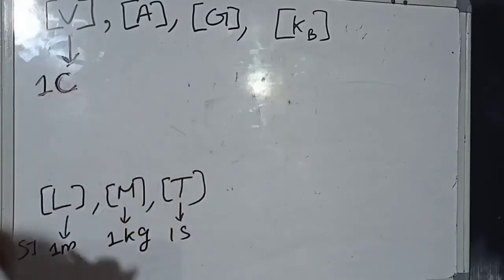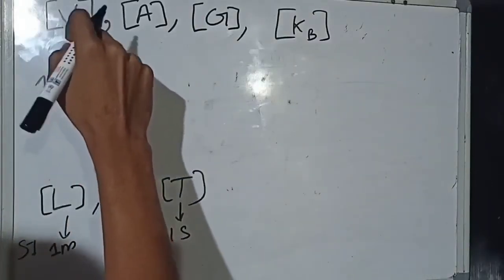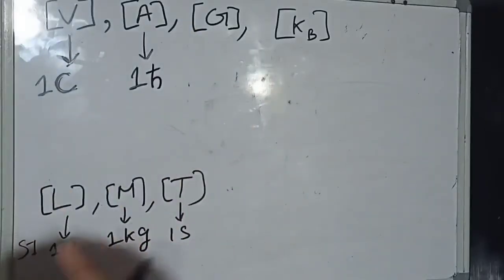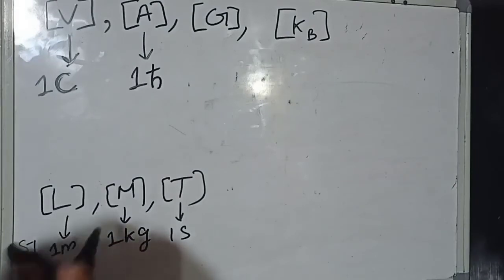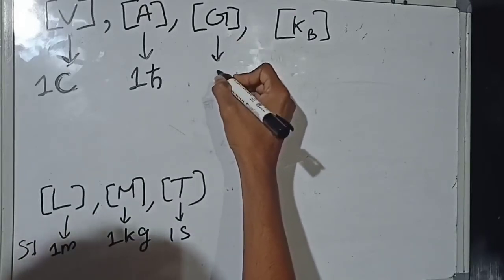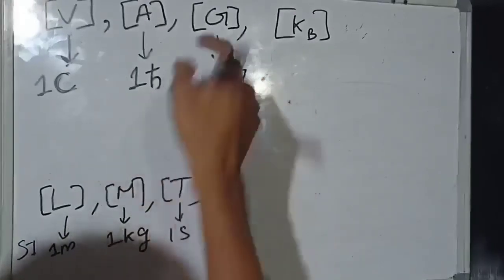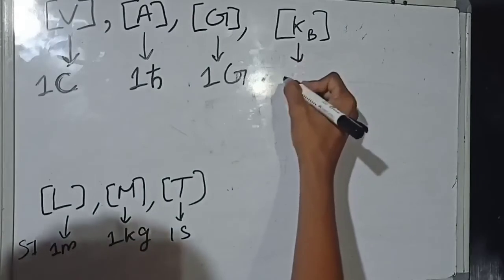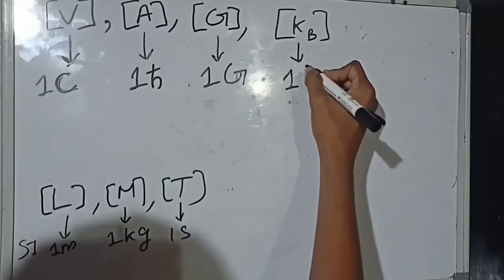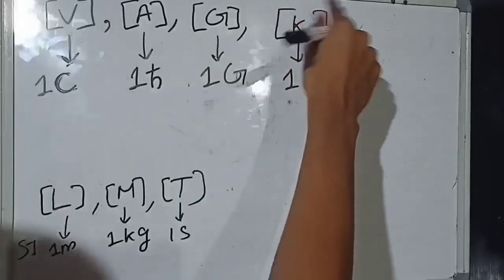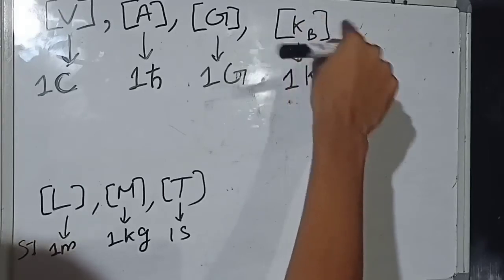So 1c is the one unit of this natural dimension v, and 1 h cross, the Planck's constant, is the unit of the action, and the value of the Newton gravitational constant is the one unit for this natural dimension G, and the value of Boltzmann constant is the one unit for the Planck's natural dimension kB.